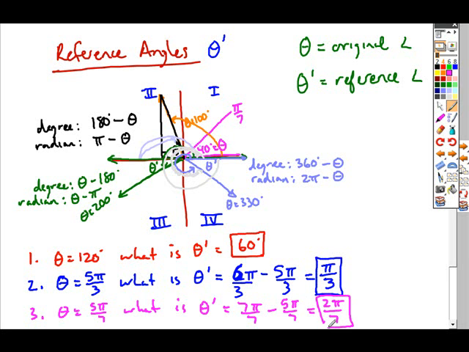Now, if we wanted to find an angle in quadrant 3, so again, let's say we're keeping it in terms of radians. And so let's use 12s. Okay, so what would be an angle that falls in quadrant 3 in terms of twelfths? Some pi over 12.